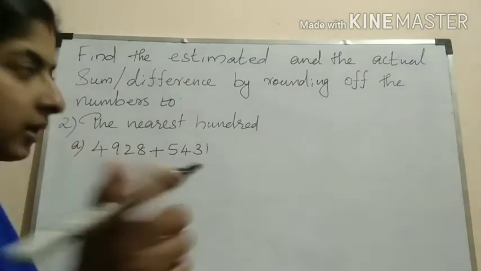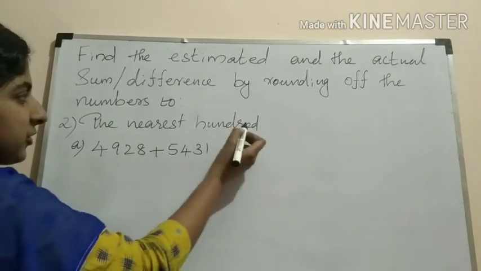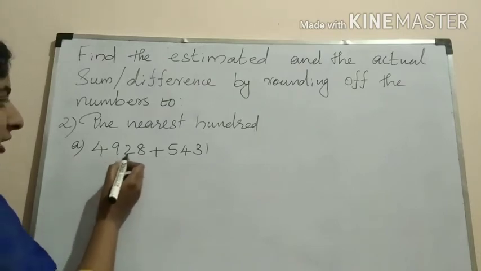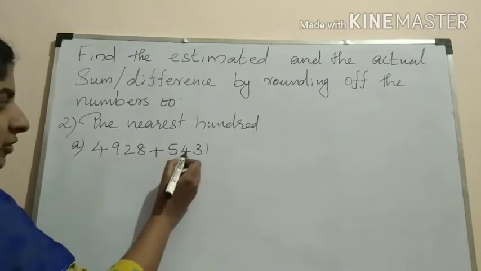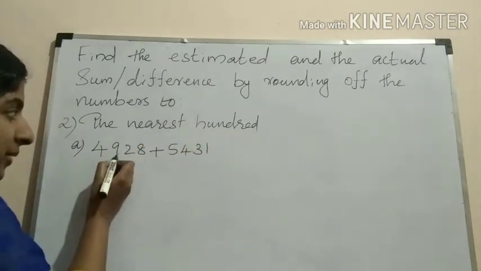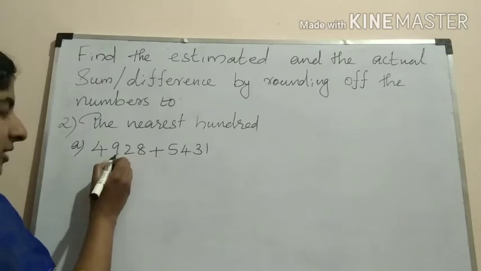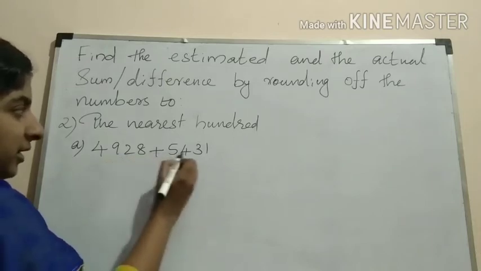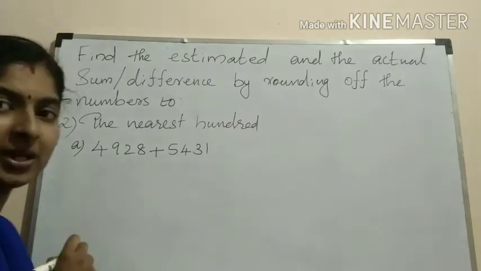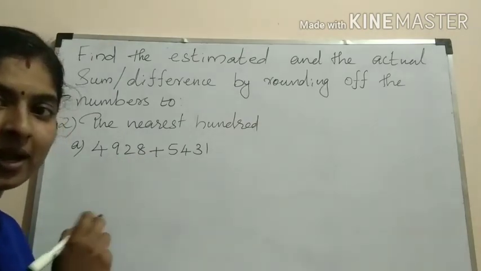Next, the second question is nearest to 100. Question number A, 4928 plus 5431. Nearest to 100, that means we take up to hundreds place. That is ones, tens, hundreds, that is 928. Here also 431. Here 928. 928 lies between 900 and 1000.